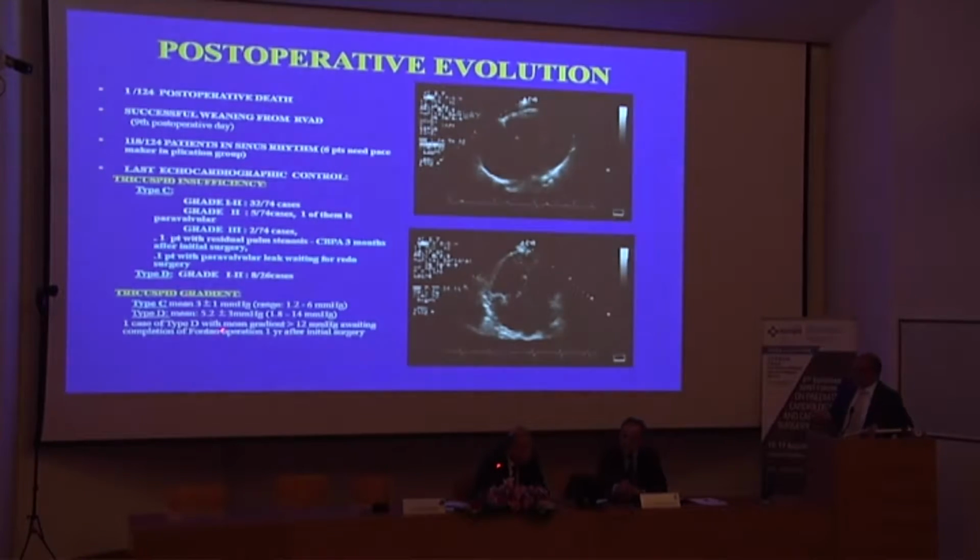Regarding the tricuspid gradient, as you see here, in type C the mean gradient was 3 millimeters of mercury. In type D, around 5, which is mild to moderate tricuspid valve stenosis. Unfortunately, the surface of the anterior leaflet will determine the surface of the tricuspid orifice. There is nothing to do.